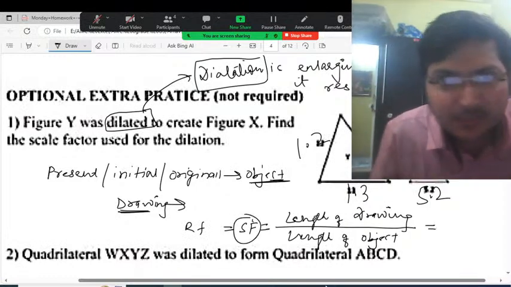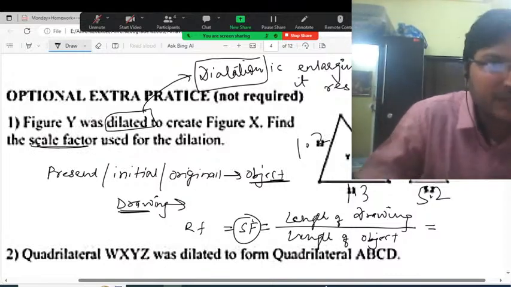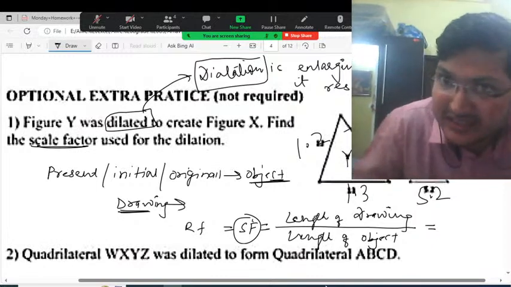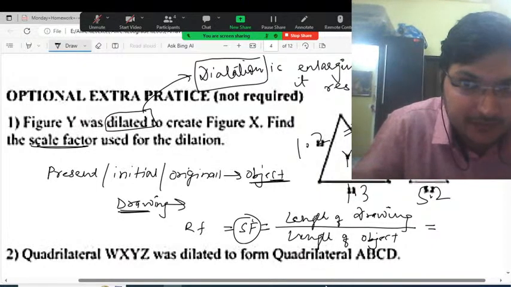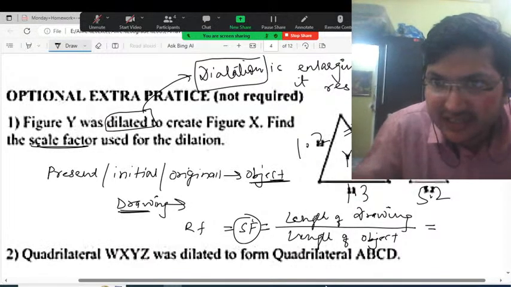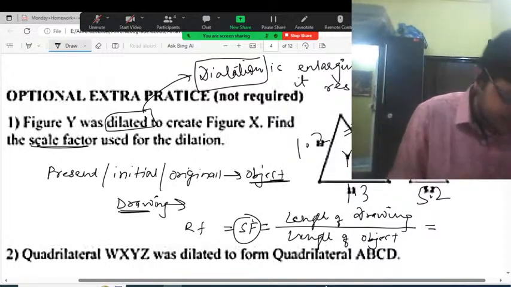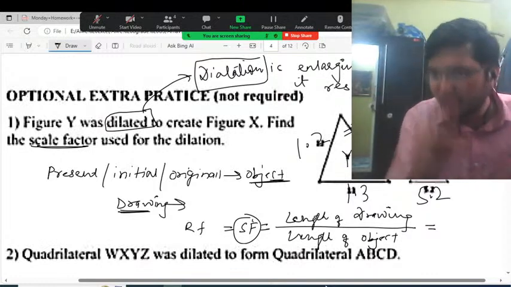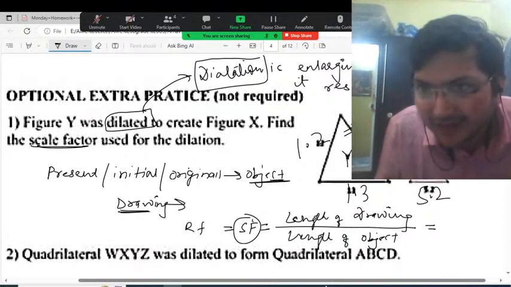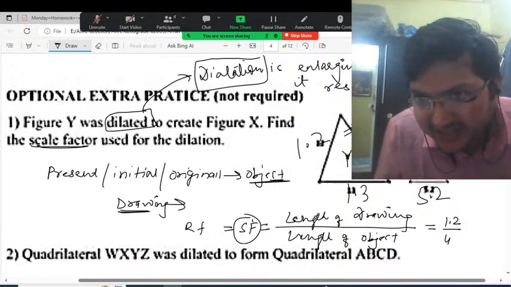Now if you are supposed to tell me the scale factor of this, you can usually say figure Y was dilated. This was the dilated figure, that means it is your drawing, and figure X is your original figure, that means it is your object. As per the formula, you take the length of drawing first, 1.2 over 4.8 here.